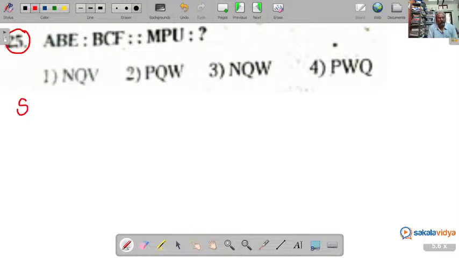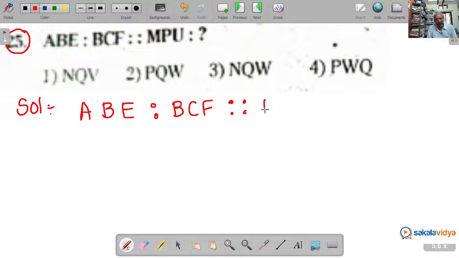ABE is related to BCF in the same way MPU is related to. Already we have completed 25th also, right. Okay, MPU is related to NQV, not NQP, NQV.